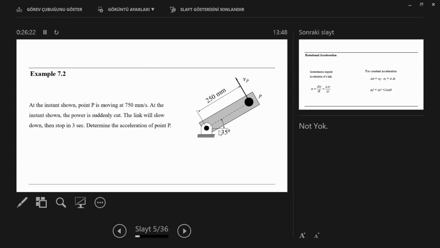So here delta v is equal to 750 millimeters per second, and the time delta t is equal to 3 seconds. So here the acceleration is 750 over 3, is equal to... a moment.